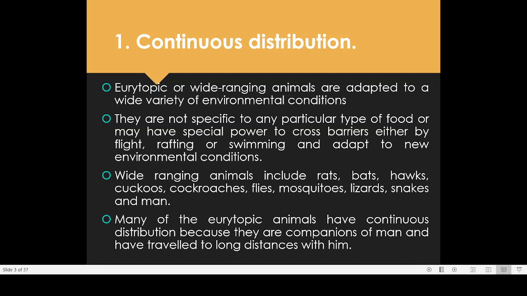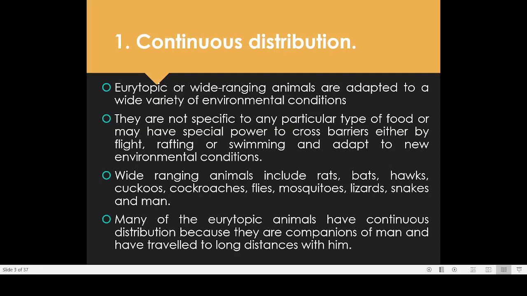So continuous means, simply, there is another term called eurytopic. You can find these terms: one is known as continuous distribution, another term is eurytopic distribution, and the third term is cosmopolitan distribution. It simply means these animals are present in most parts of the world.